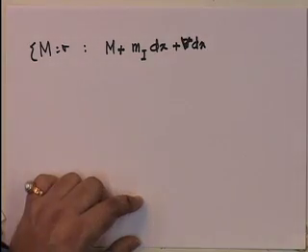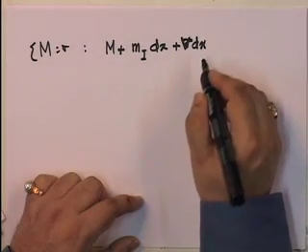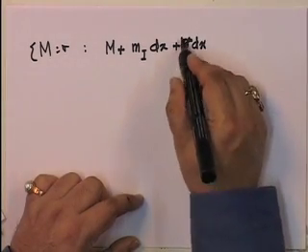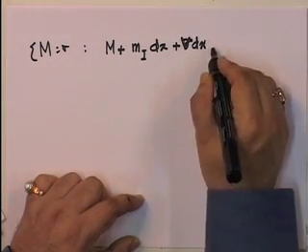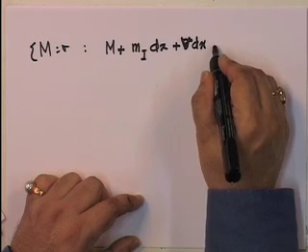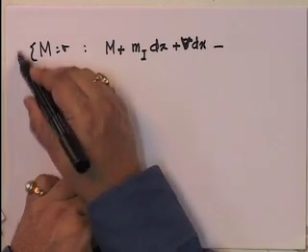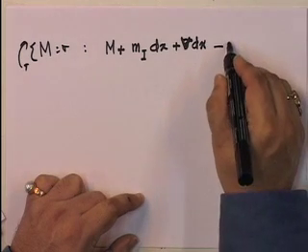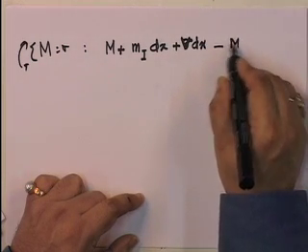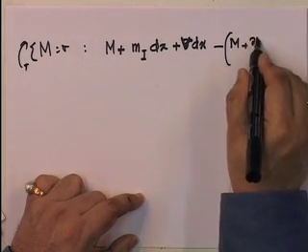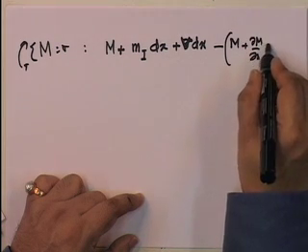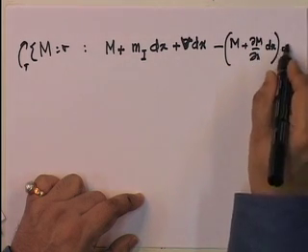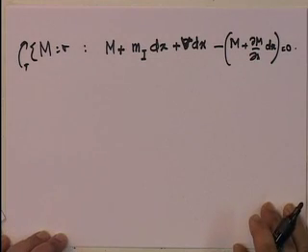I am taking moments about this particular point, v dx, and then I have minus m minus del m by del x into dx, the entire thing is equal to 0.